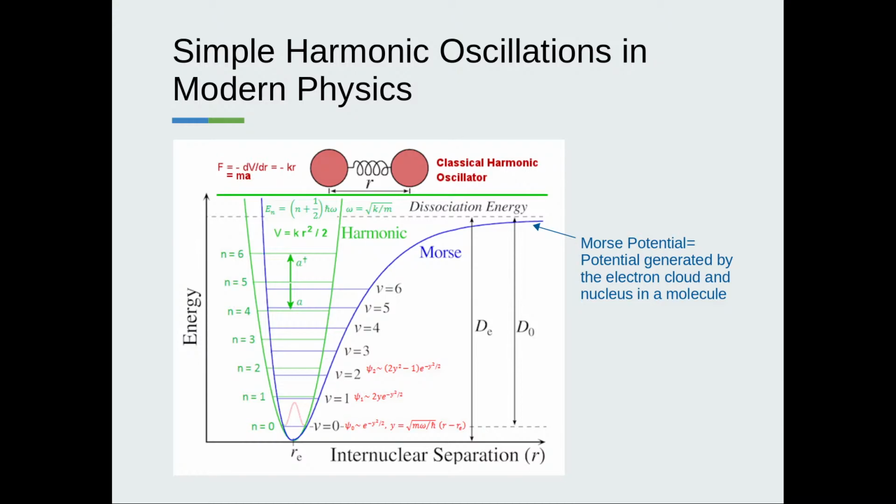And we calculate the potential energy and we calculate the kinetic energy. And we also used that force is equal to dV/dr. So this is a very classical point of view. And that we make it equal to m times the acceleration of the 2 particles. And then we can go on with the equations of simple harmonic oscillators.